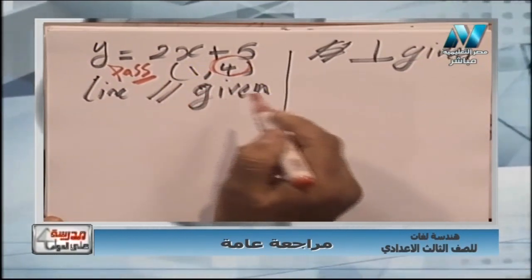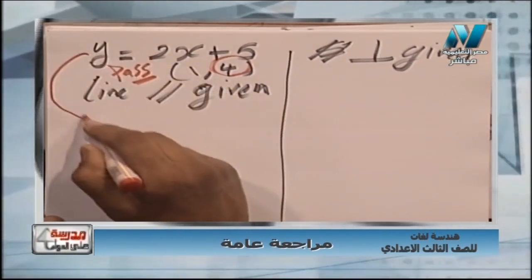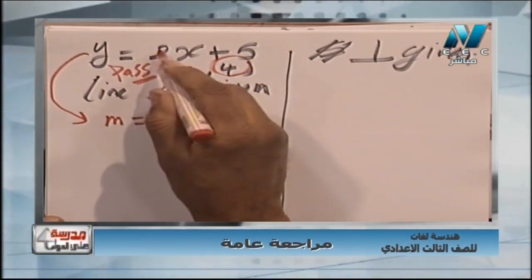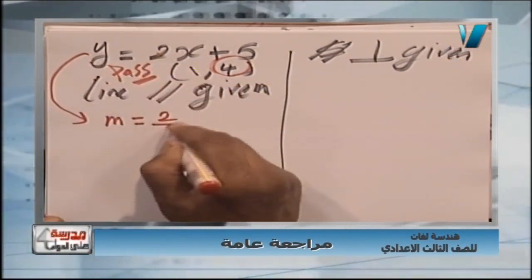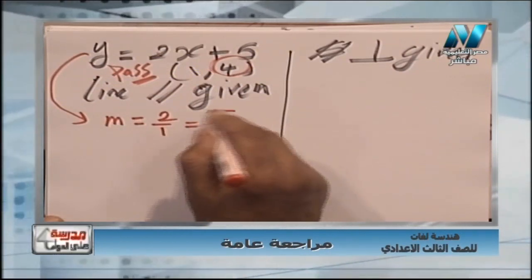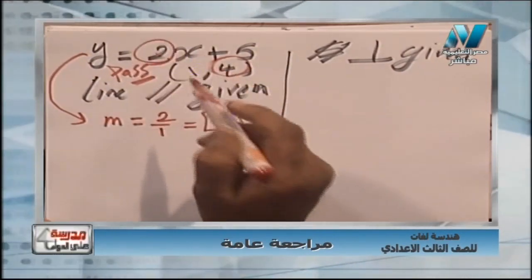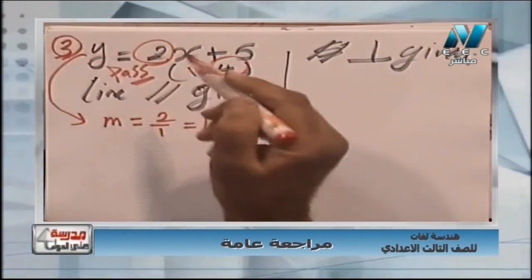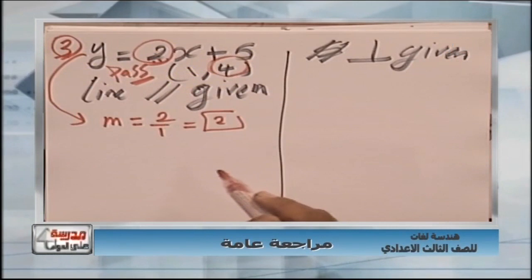Then we get the slope by using the slope of the given line. The slope of the line equals coefficient x over coefficient y, 2 over 1. As you know, coefficient of x directly, but if we have 3 beside y, we can't get coefficient x directly.